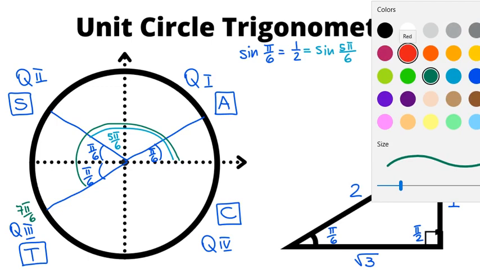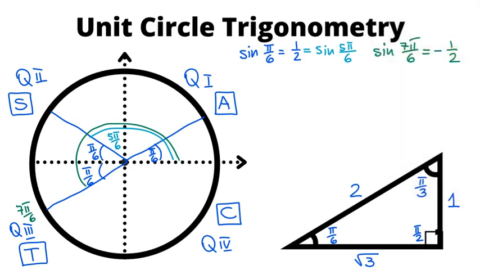There is another special triangle, and that special triangle is based on 45, 45, 90 angle relationship, or pi over 4, pi over 4, pi over 2. And this side is 1, this one is also 1, and the hypotenuse is square root of 2.